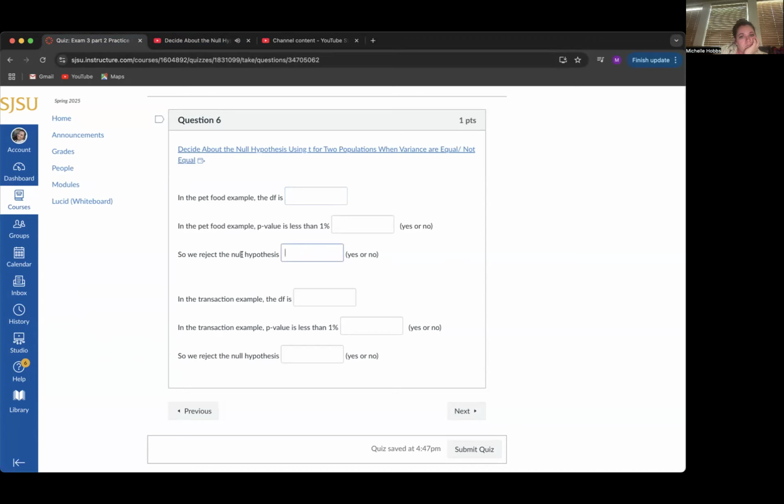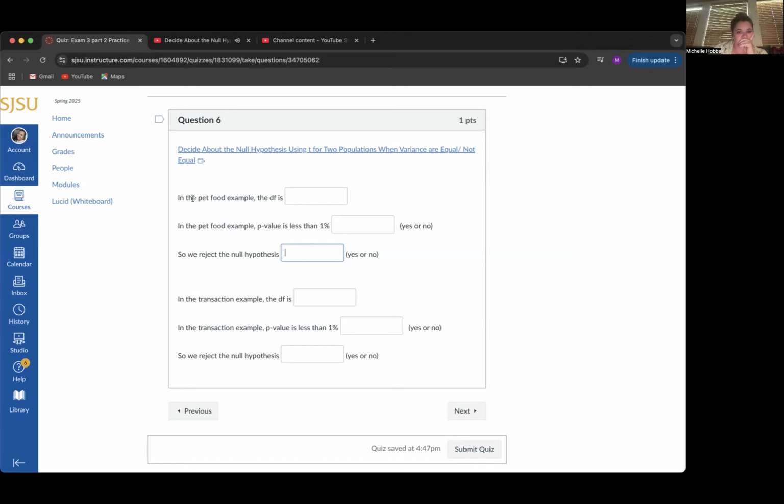You can easily create the alternative, which is mu1 is not the same as mu2. n1 is 16, 16 minus 1 is 15, n2 is 18, 18 minus 1 is 17. So between 15 and 17, 15 is smaller.